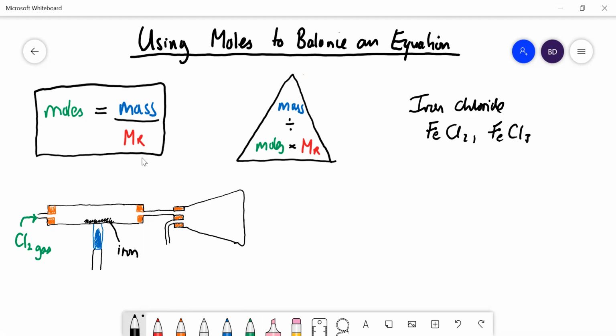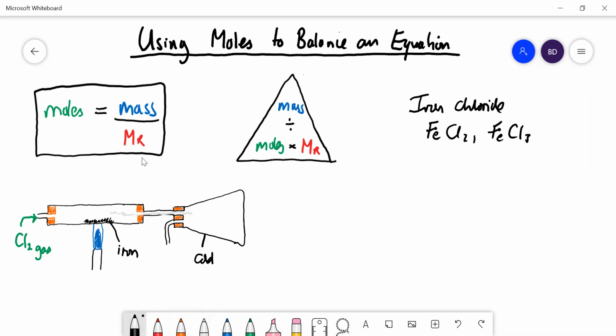It reacts with the chlorine, and the iron chloride is made in this tube. It's a gas, quite volatile, and it will pass through this tube and into a cold flask.